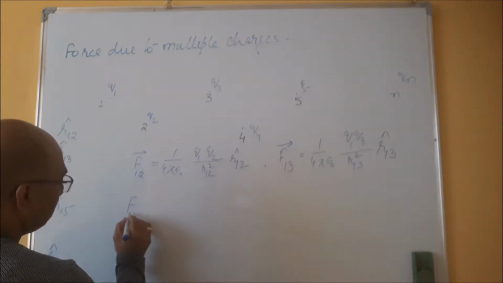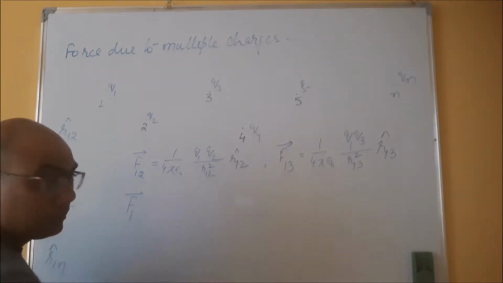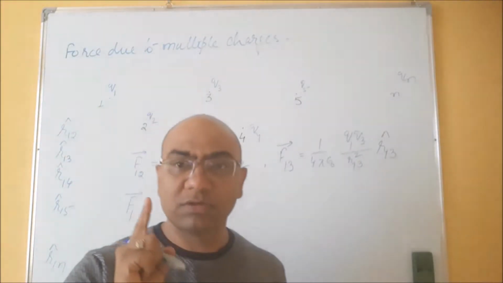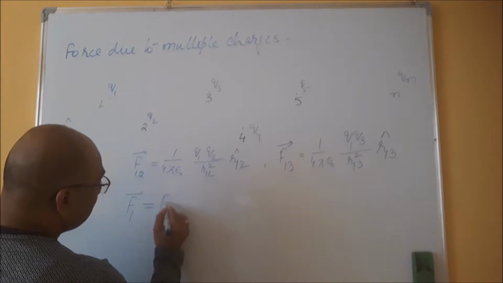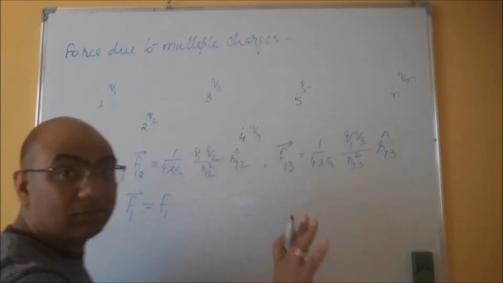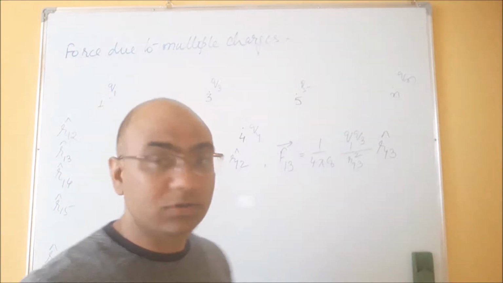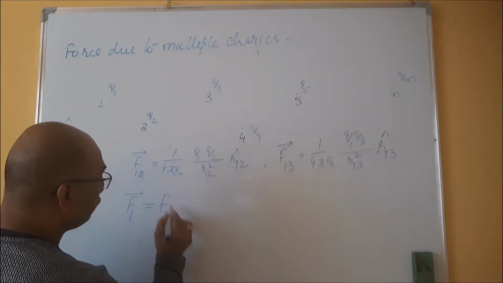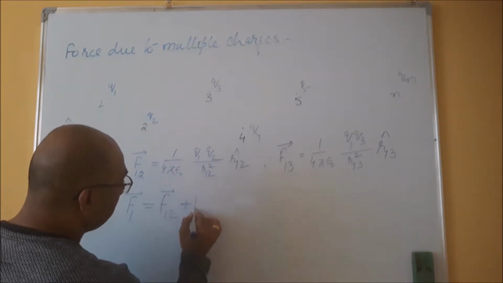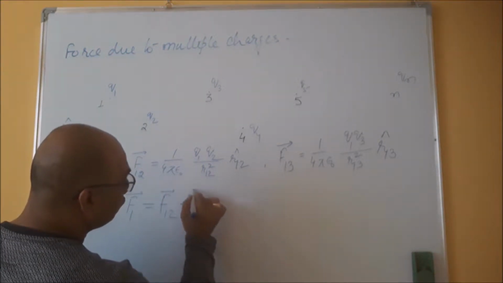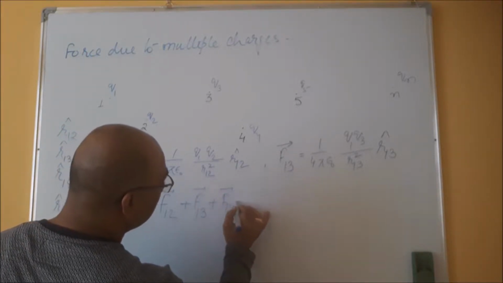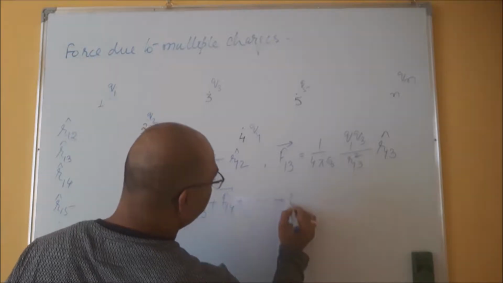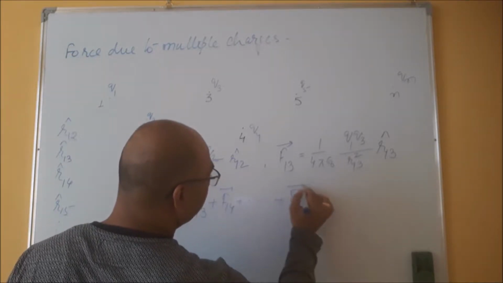The total force on charged particle 1 will be the vector sum, I'm talking about the vector sum. So force on 1 due to 2, plus force on 1 due to 3, plus force on 1 due to 4, and so on till force on 1 due to n.